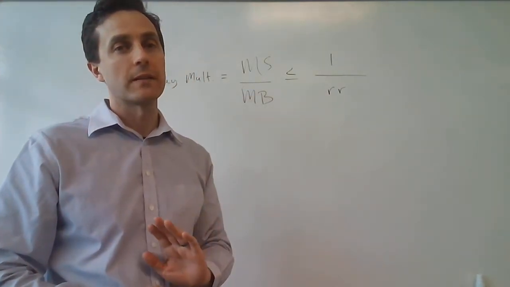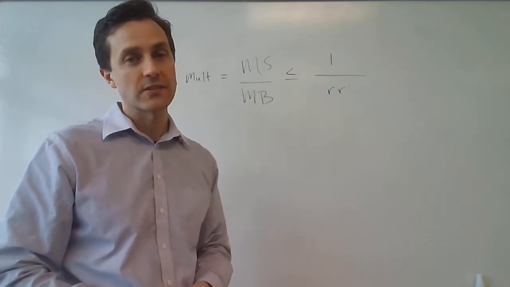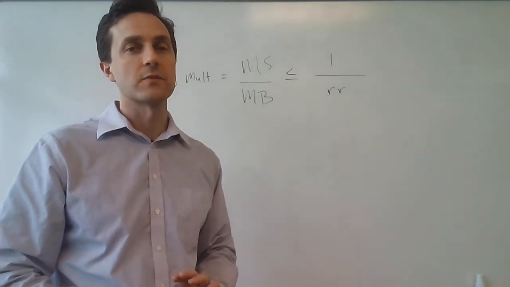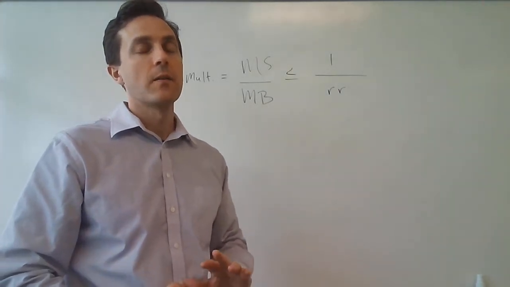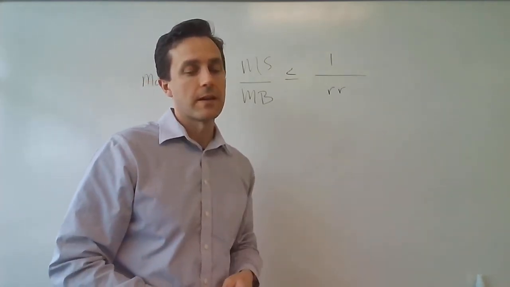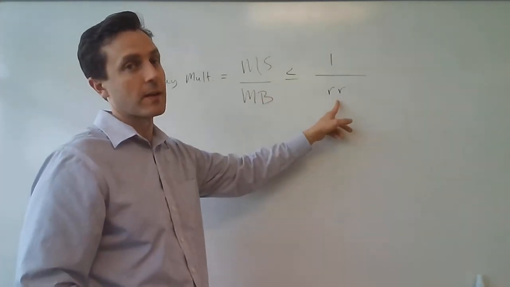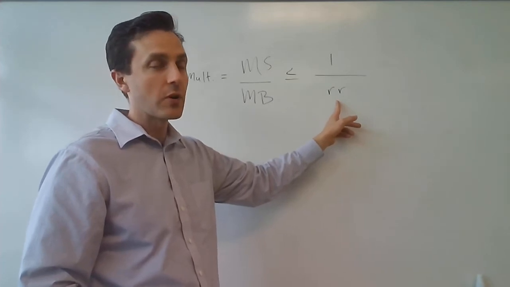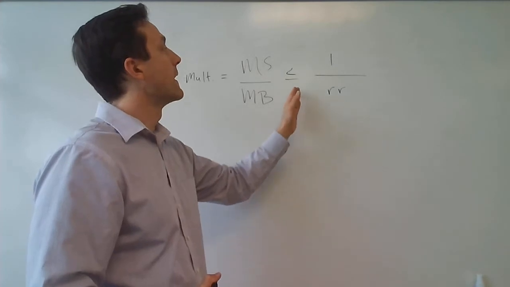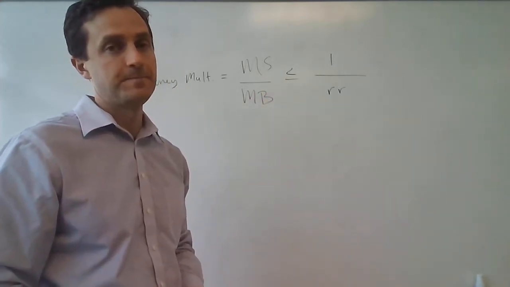And if they were able to have no excess reserves at all, and if nobody held any currency in the economy, so anytime they had money, they just deposited it in their bank, and then the bank lent out as much as it could, 1 minus the required reserve ratio out of that, then the money multiplier would actually be this value. But since usually people do hold some currency, and perhaps banks might hold some excess reserves, the money multiplier will typically be less than that.